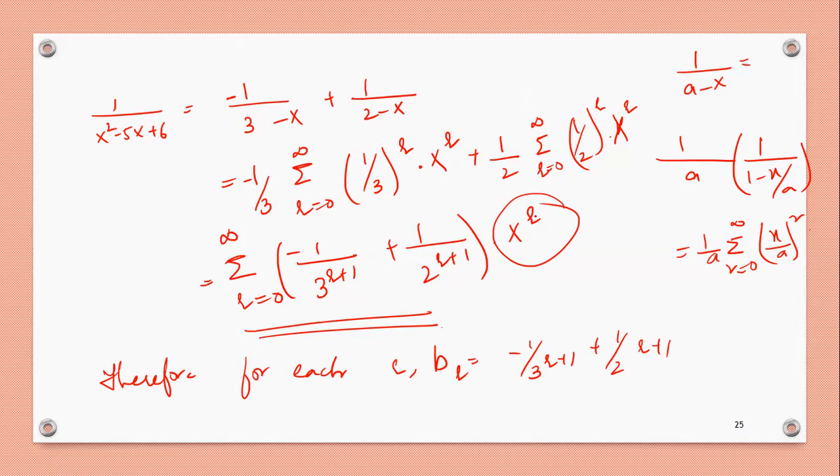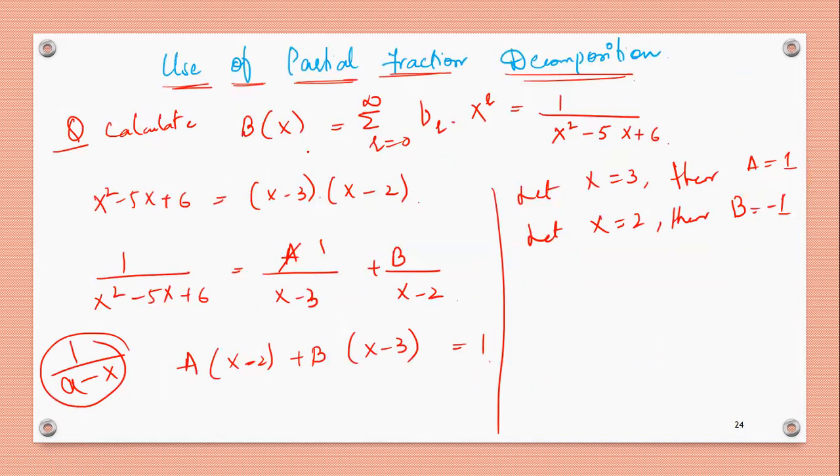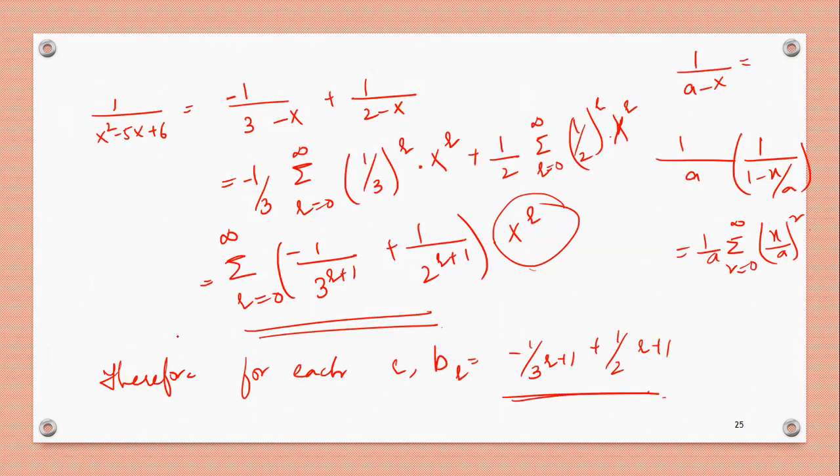If we want to find the coefficient of x power 0, we substitute r is equal to 0, then we get the coefficient of x power 0. Similarly, for x power 1, substitute r is equal to 1 in both the places and we will get the coefficient. If we notice the question, it had calculate b of x, sigma r is equal to 0 to infinity br into x power r. So, what is our br value? The br value is the following.